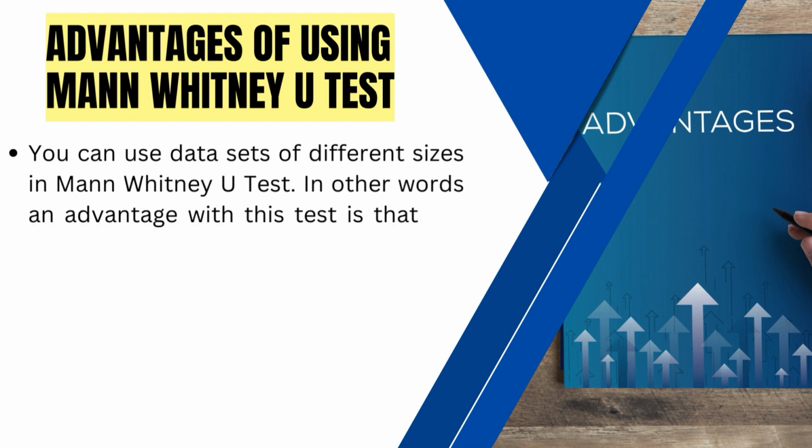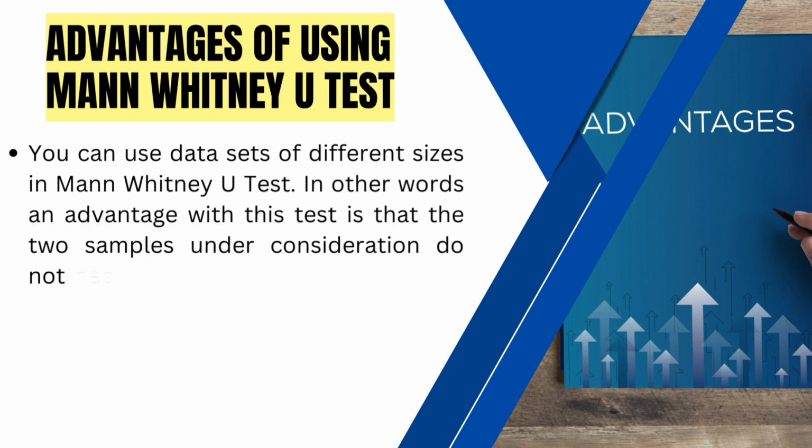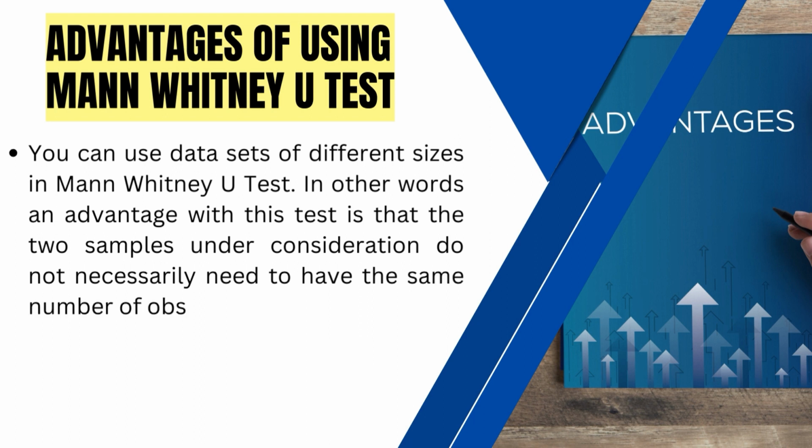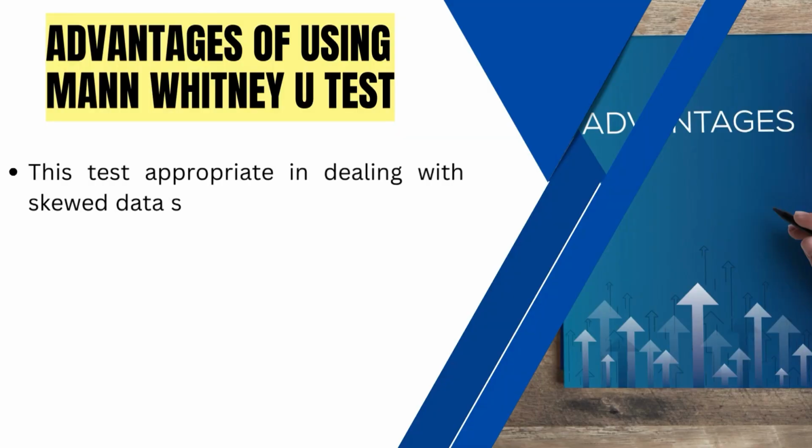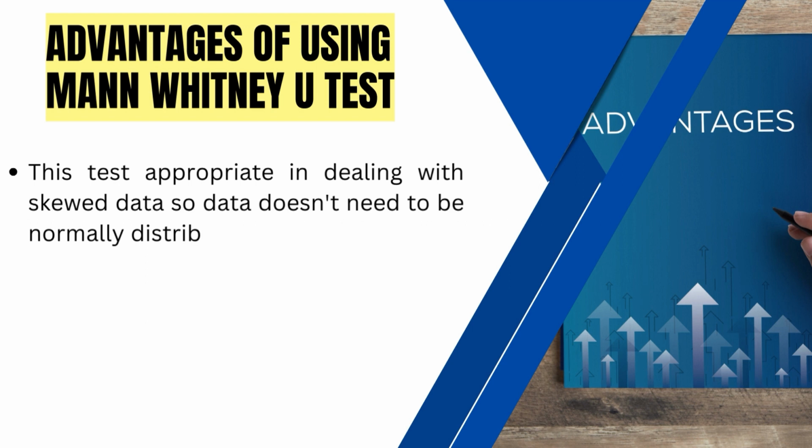In other words, an advantage with this test is that the two samples under consideration do not necessarily need to have the same number of observations or instances. The fourth advantage is this test is appropriate in dealing with skewed data. So, data does not need to be normally distributed, as we have already discussed.